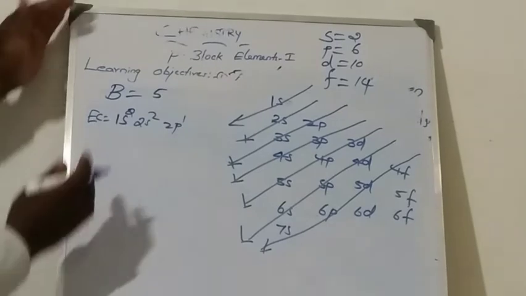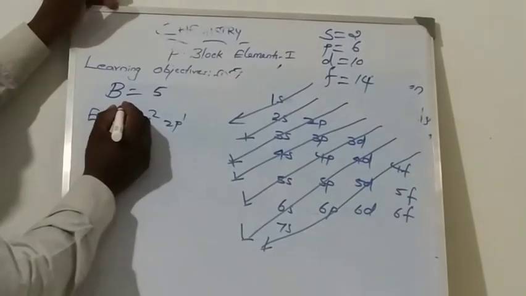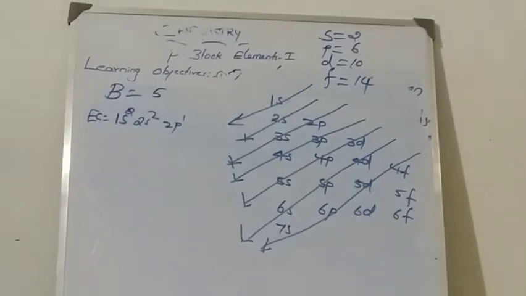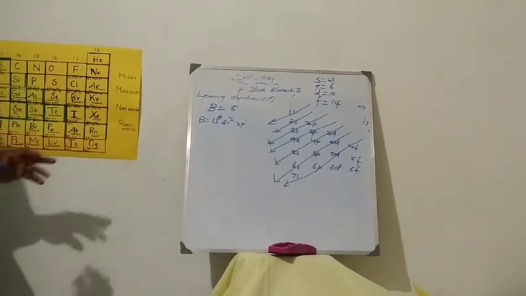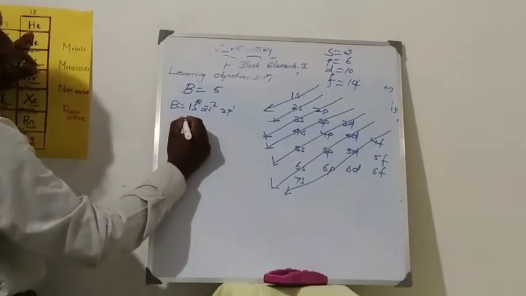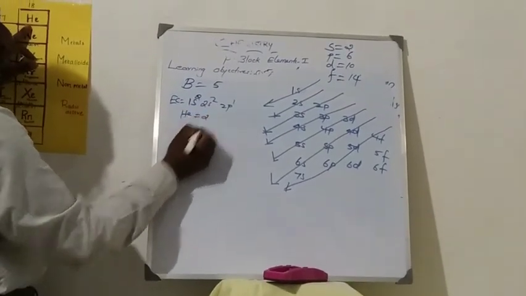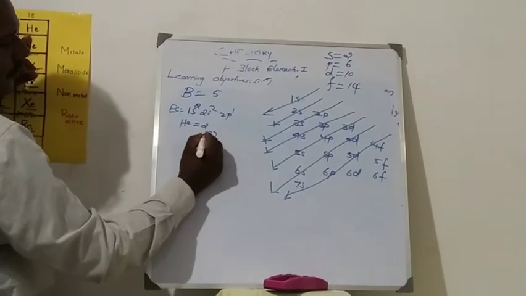Here there is a short method for writing the electronic configuration by using the noble gas: helium, neon, argon, krypton, xenon, whichever can be used. First I am taking helium. The atomic number of helium is 2. We write helium as 1s2.